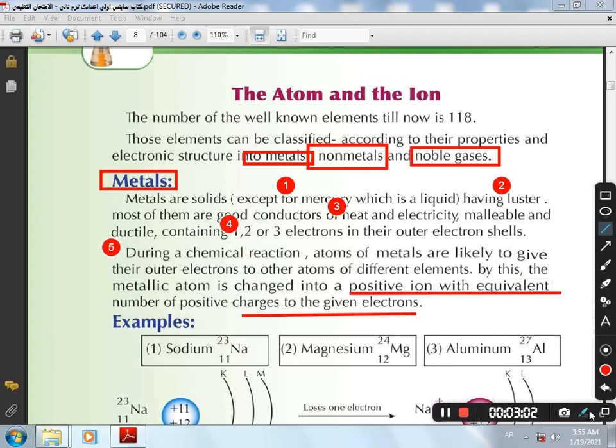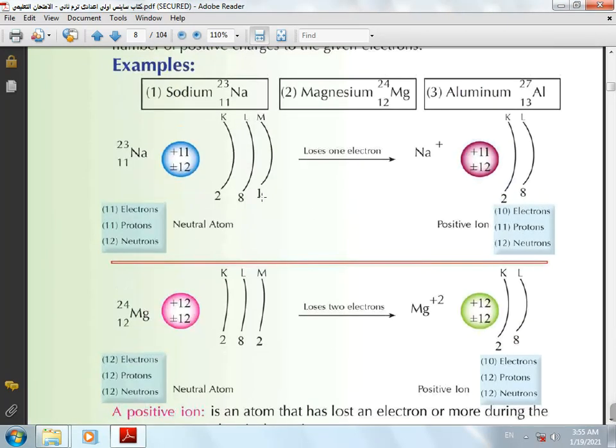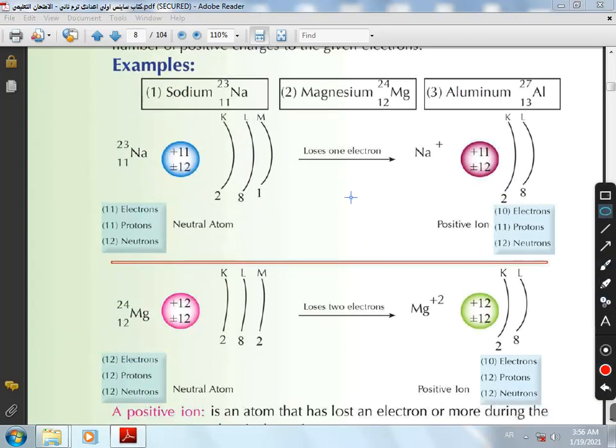Example, sodium 11 23, the electronic configuration of sodium 2 8 1. Sodium loses this electron in the chemical reaction and it changes into a positive ion.